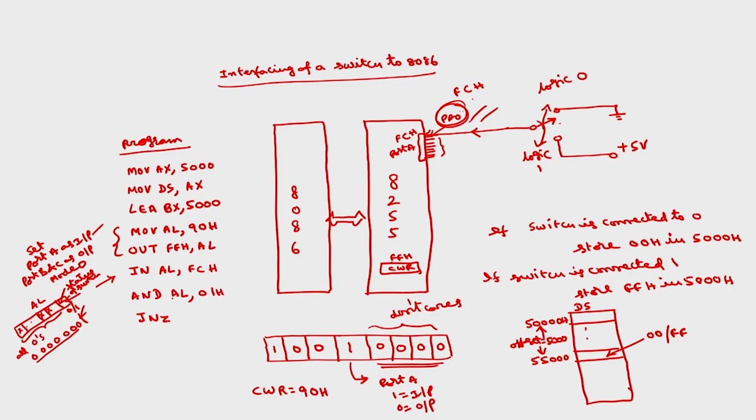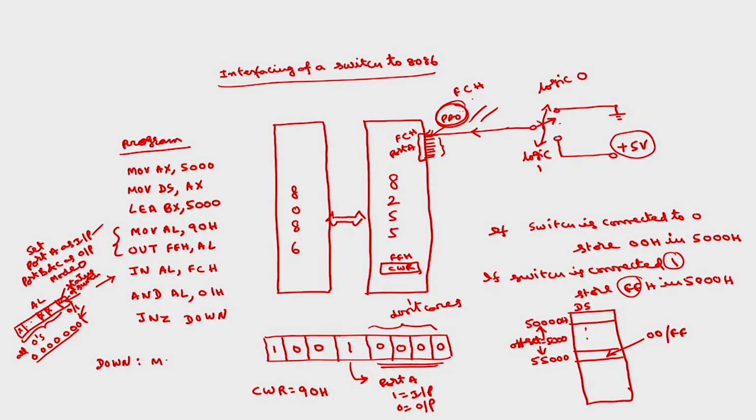AL contents being 1 means the switch is connected to plus 5 volts. So, if the switch is connected to plus 5 volts, I want to store FFH into 5000H.